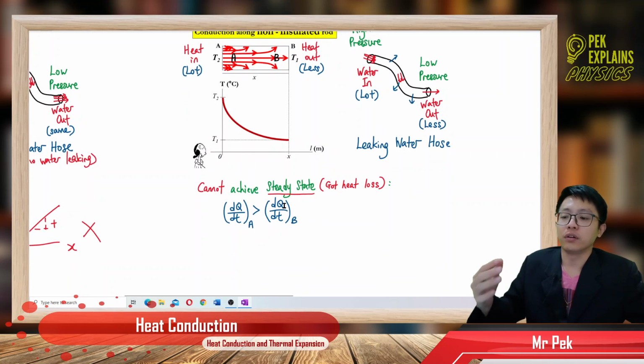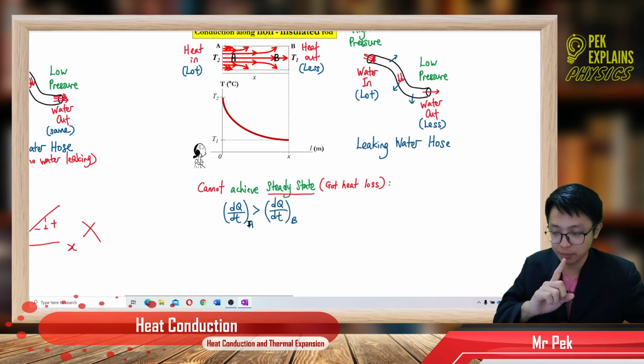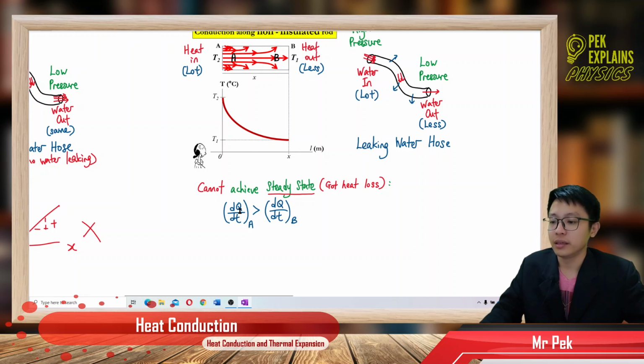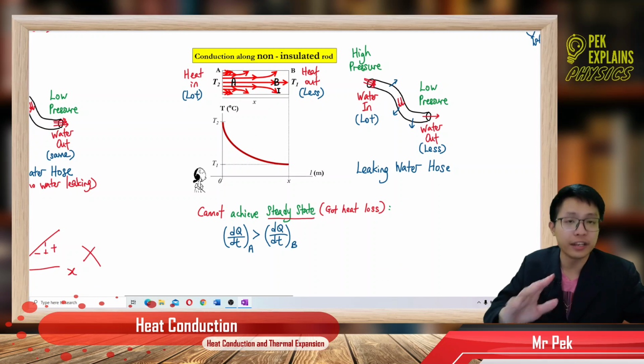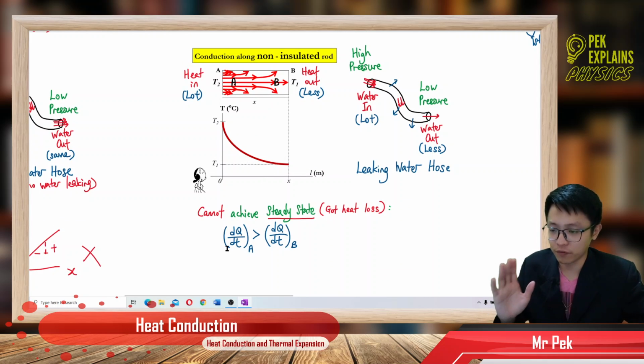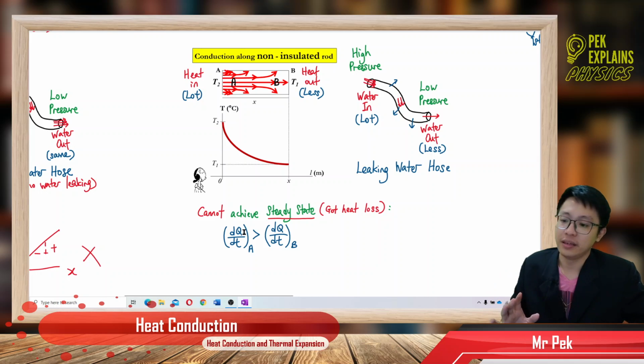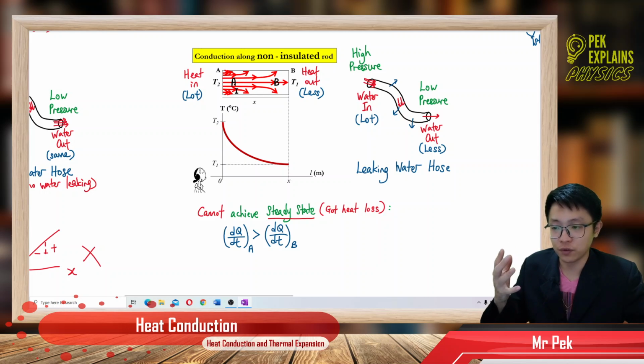So the rate of heat flow, this is the important part. For non-insulated rod, the rate of heat flow at part A is more than the rate of heat flow at part B. Here, a lot of heat flow.